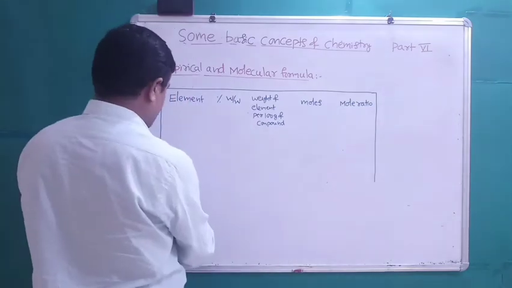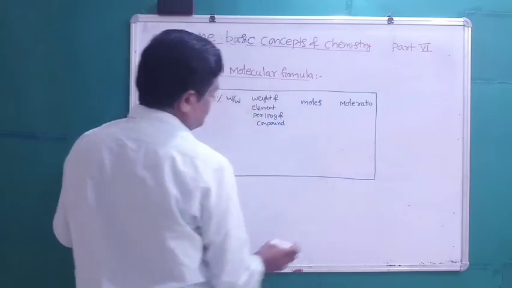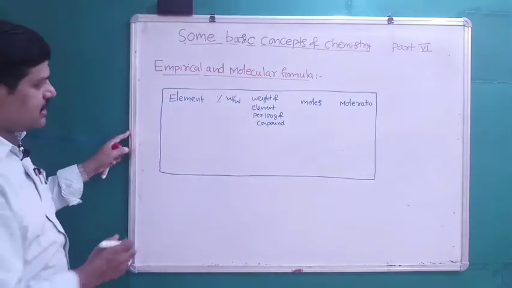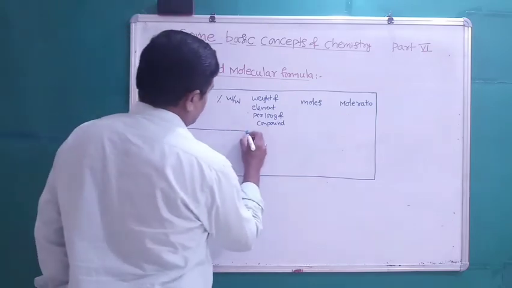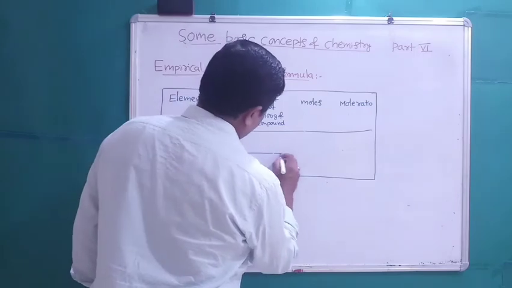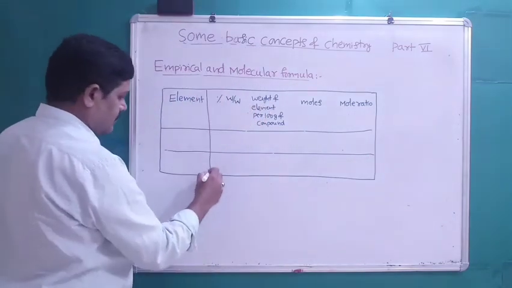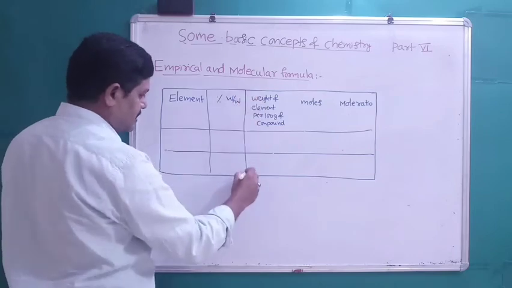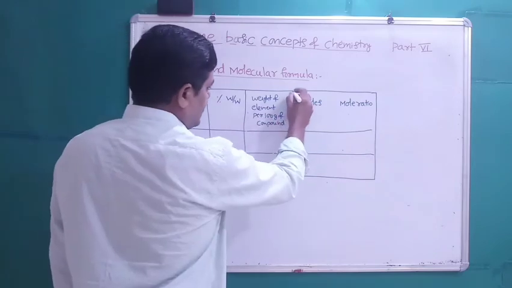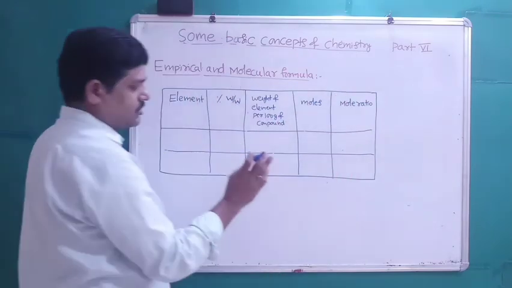Hydrocarbon is given. Hydrocarbon means, students, we know, a compound which contains only two elements, carbon and hydrogen, right? So only two elements are present here. We have to make a table like this first: element, the percentage of that element in the compound, that is weight by weight, weight of element per 100 gram of compound, moles, and finally mole ratio.